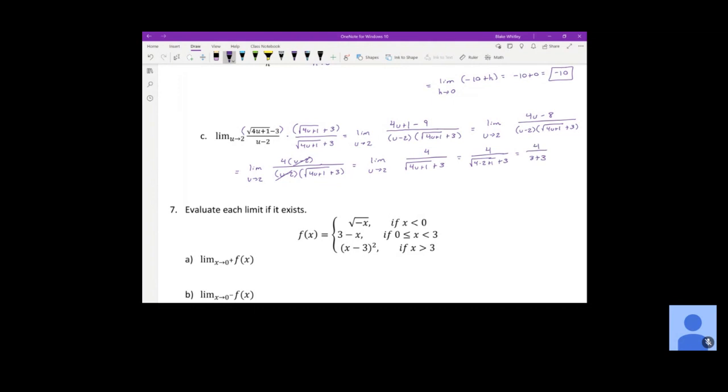Because that's going to have the square root of 9 under the radical. Square root of 9 is 3, so that's where we get the 3 plus 3. 4 over 6, though, is going to simplify to 2 over 3. So 2/3 is our limit now. Any questions on that one?